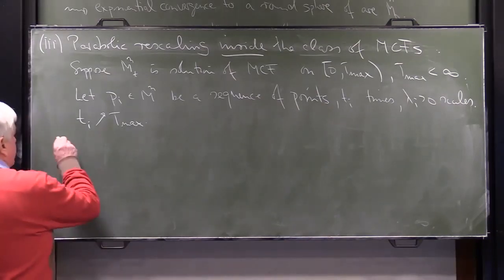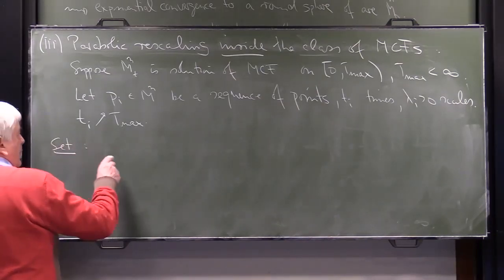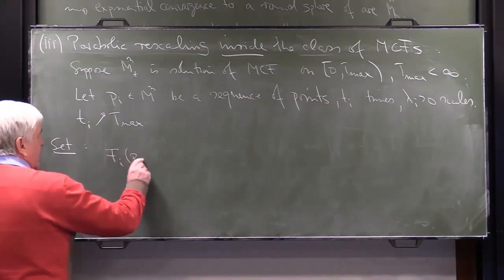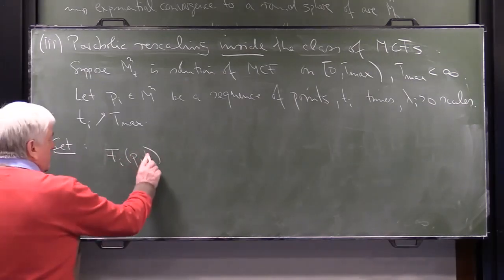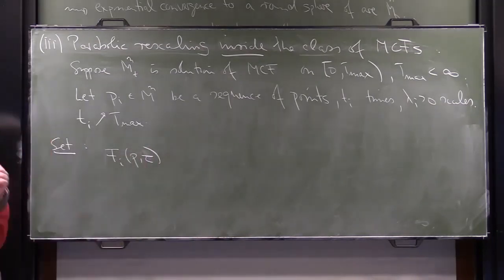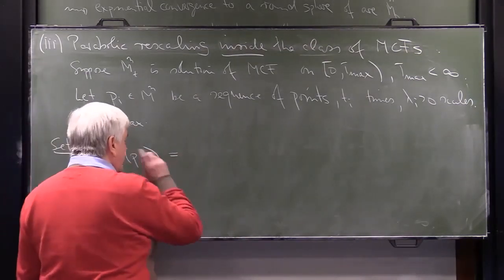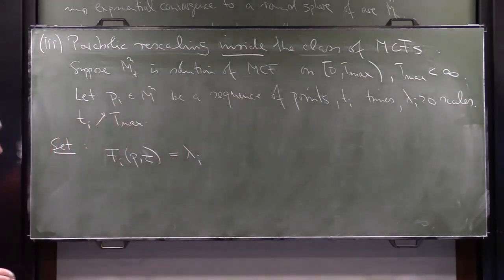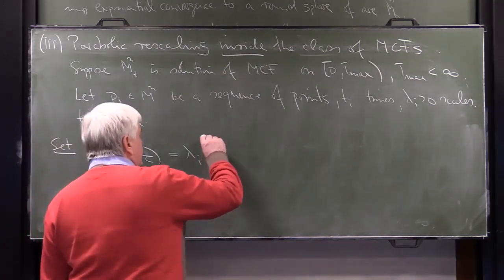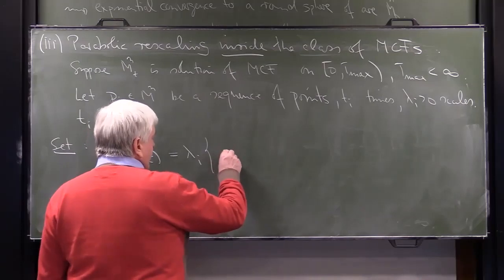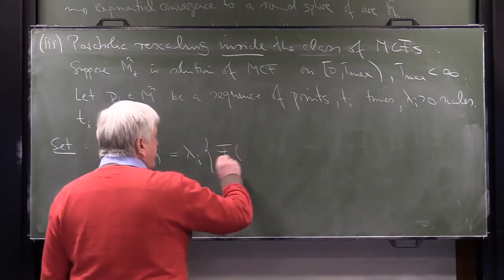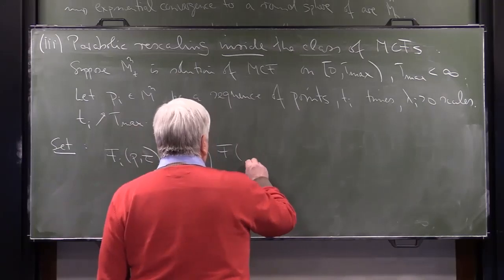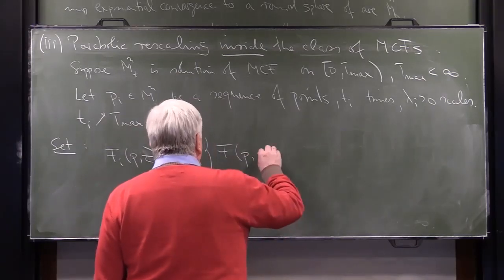And then simply set F_i(p, tau). So you introduce again a new time variable, and then you rescale the whole thing by a huge factor, lambda_i. Think of lambda_i as a number going to infinity. You take the original F at the point p, and now you rescale time.